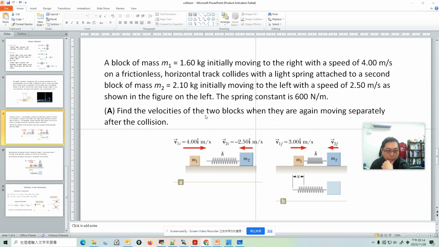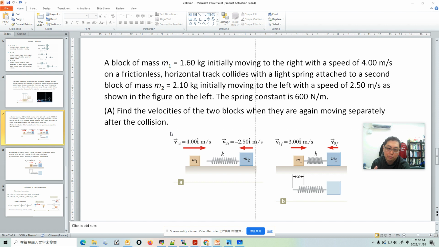So the first problem: find the velocities of the two objects when they are again moving separately after the collision. These two objects have a spring, but like I said, in collision we don't care about the details of the force.